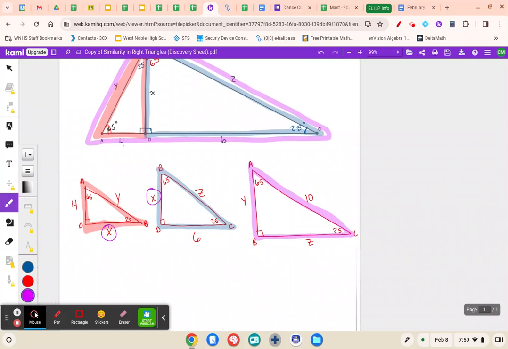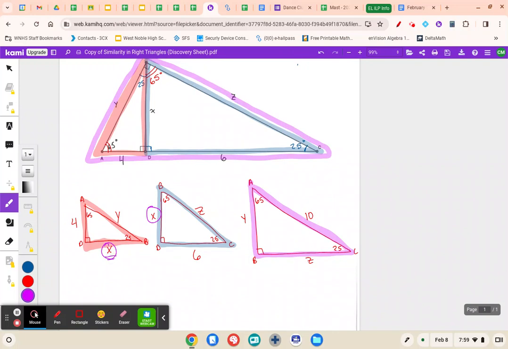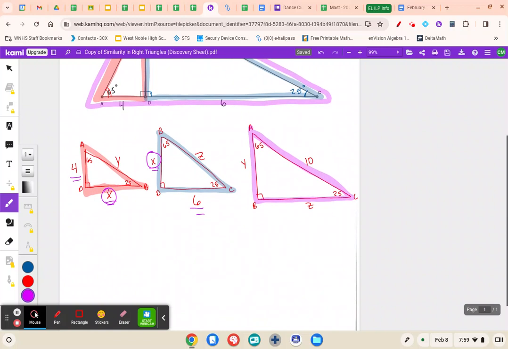It is in 2 spots. So it is what I will call the long leg in this triangle, and it is the short leg in this triangle. And I can match that up to its buddies, so the long leg and short leg within the same triangle, and I can set up a proportion and solve.